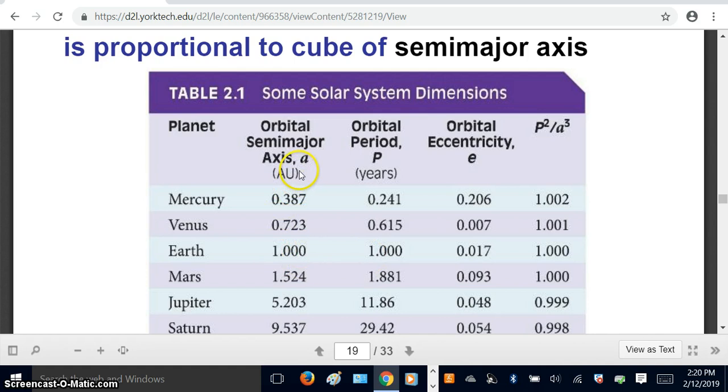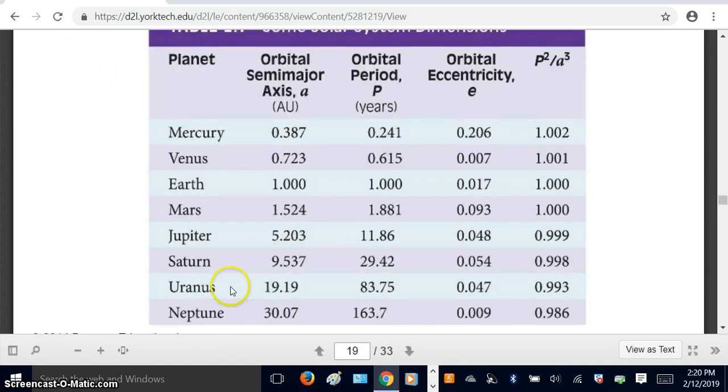And of course you cube that, so 1 cubed is still 1, and then 1 year, 1 squared, is still just 1. So 1. But that's true for all the planets, even planets that were discovered after the time of Kepler.